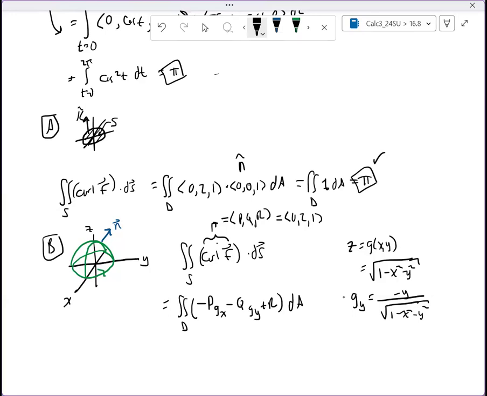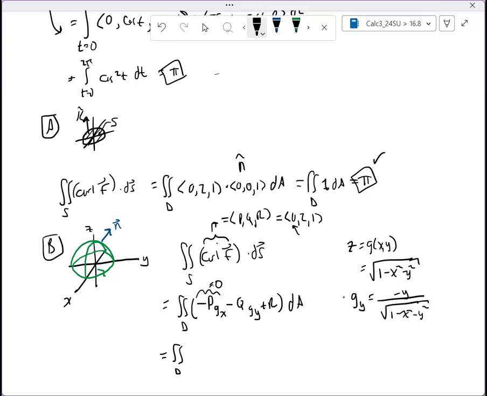We could call it, we could describe it this way, or we could say it's negative y over z if we wanted to. But this is the double integral over D of, well, P was 0 for this particular field. So the curl of F has 0 in that first component. So I get no contribution from here.